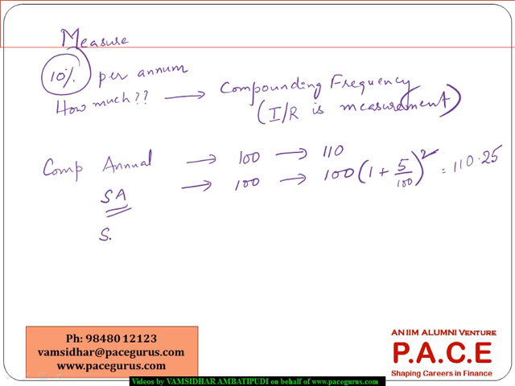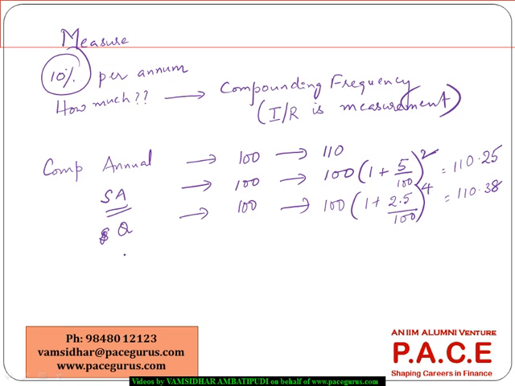Similarly, if the compounding is happening on a quarterly basis, the same 100 which you have deposited will become 100 times (1 + 2.5/100) to the power 4, as there are 4 quarters in a year, so it is going to become 110.38.